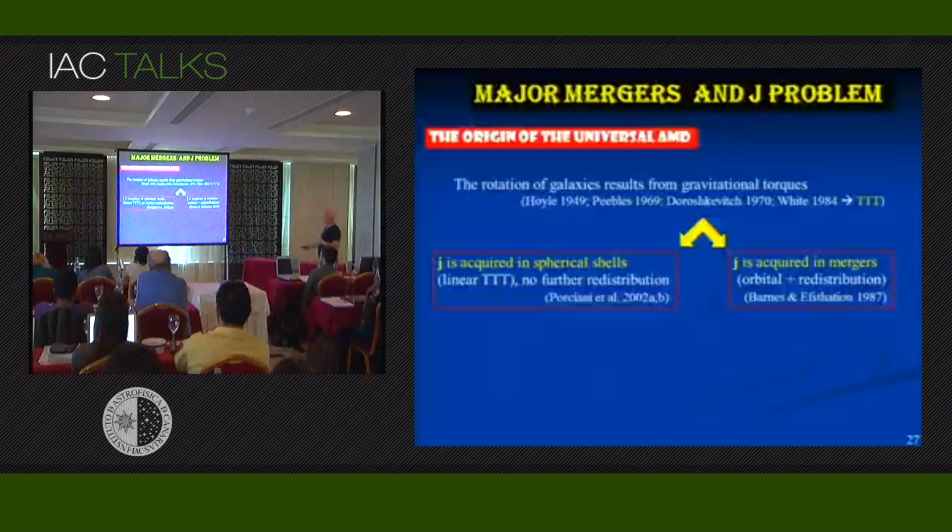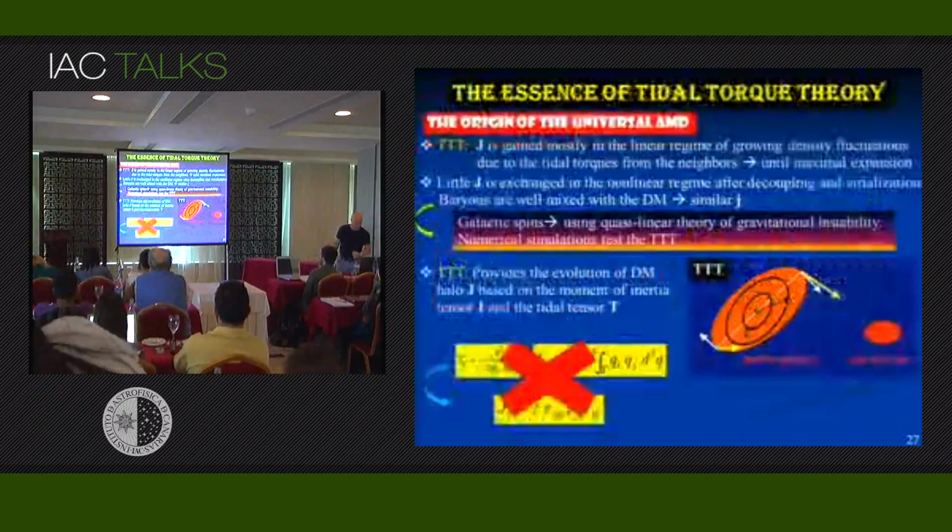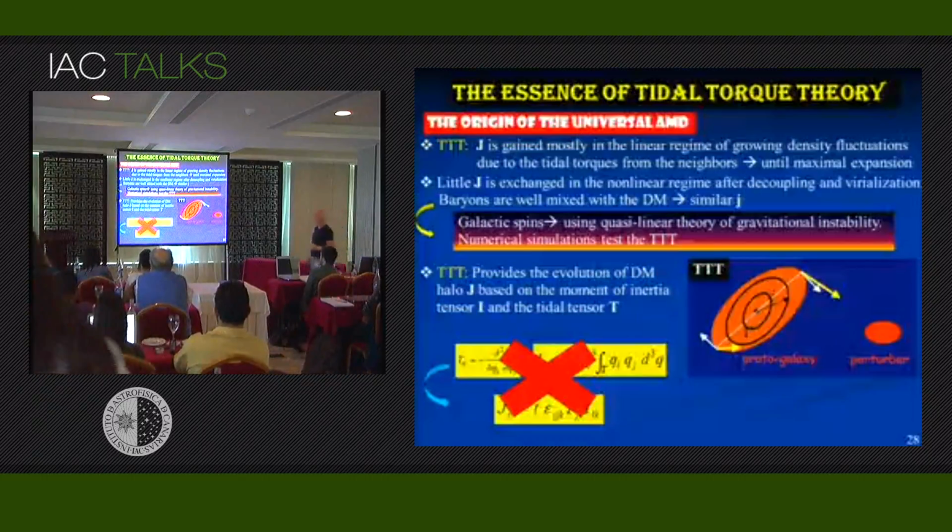One is that the angular momentum is acquired in spherical shells as the galaxies, proto-galaxies, still expand, and very little comes later in the nonlinear stage. The other alternative is the angular momentum is acquired in mergers, and the initial angular momentum is not so important.